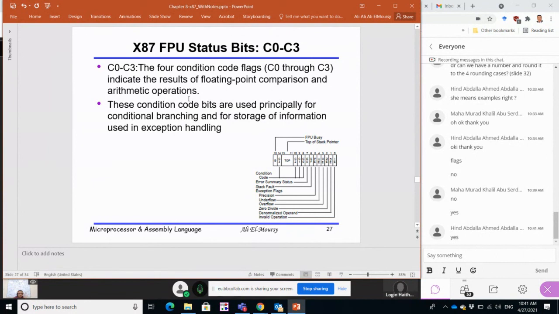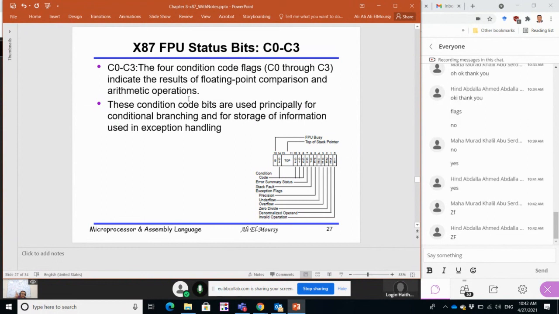Okay, I have 4 flags, 4 bits, named C0, C1, C2, C3. Those are for the conditional jump instructions. So those are actually representing the flags that we used for conditional jumps in the X86. Does anyone remember?